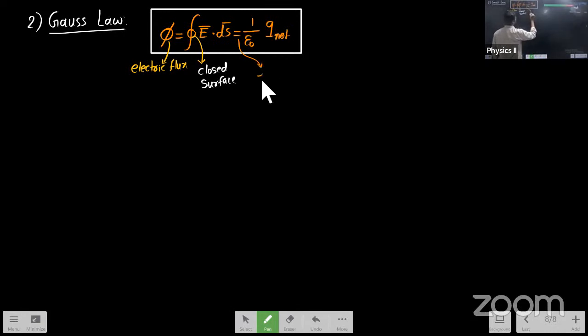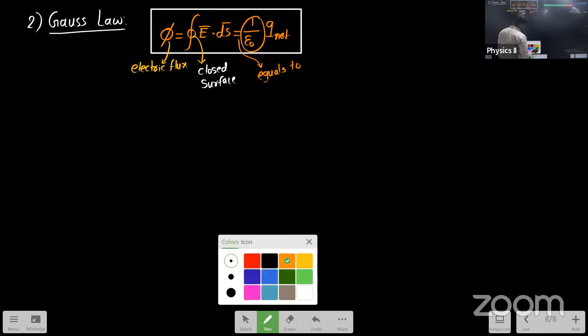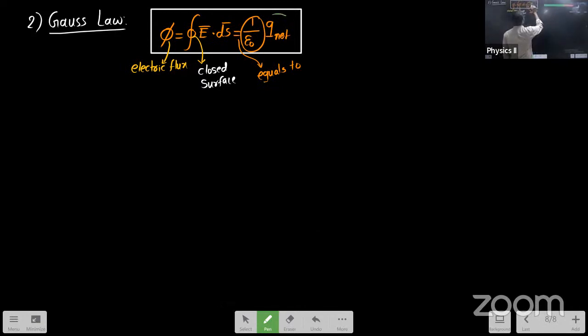This symbol represents equals to. And what is this? This is nothing but 1 by epsilon naught. And what is this Q net? It represents the net charge enclosed.